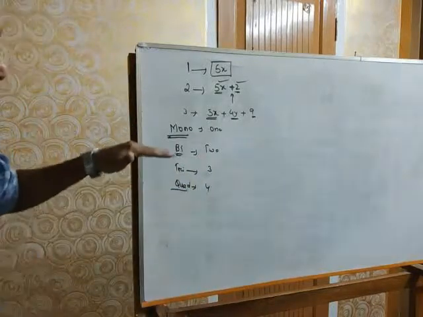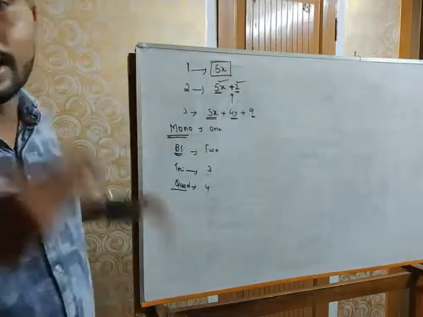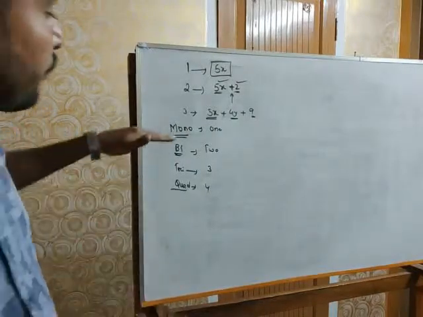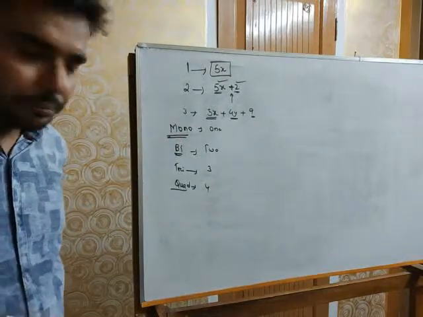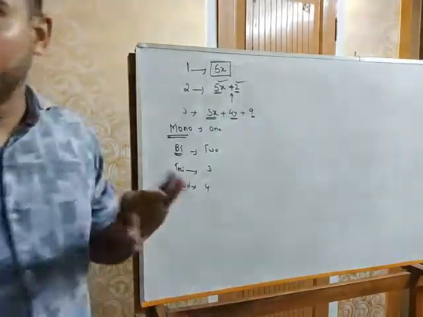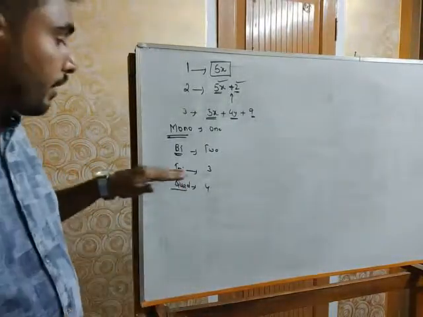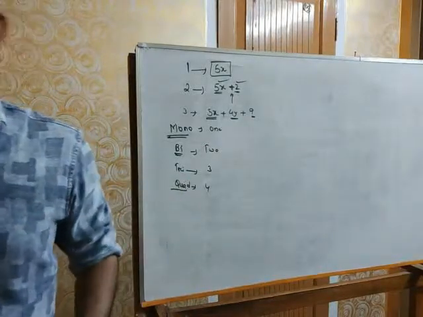You need to be very clear. An algebraic expression that has one term will be called a monomial, and an algebraic expression that has two terms will be called a binomial. An algebraic expression that has three terms will be called a trinomial. Quadrinomial is also not written in your book.